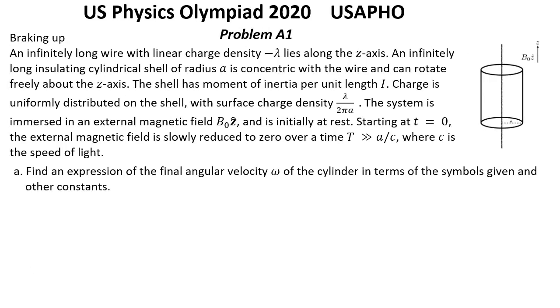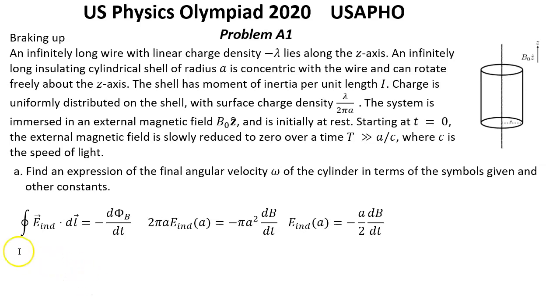Solution for problem A1. Question A. Find an expression for the final angular velocity omega of the cylinder in terms of the symbols given and the other constants. Solution. First, we can use Faraday's law to find the electric field induced inside the cylinder due to the change of magnetic field, or magnetic flux.